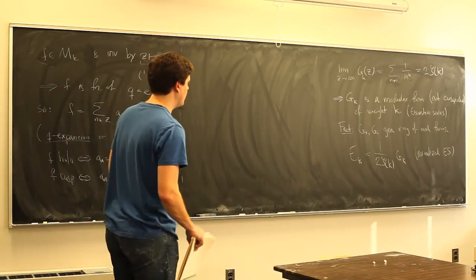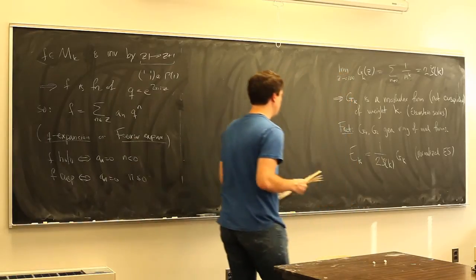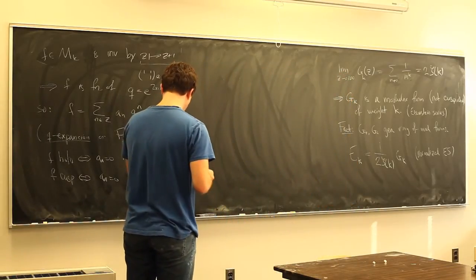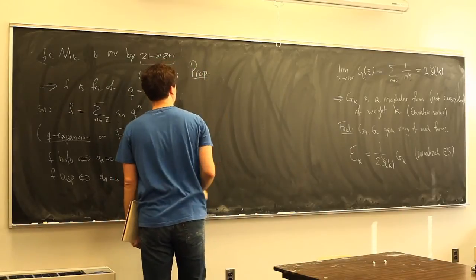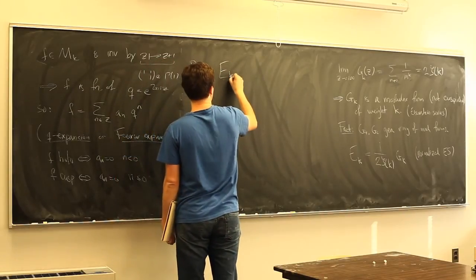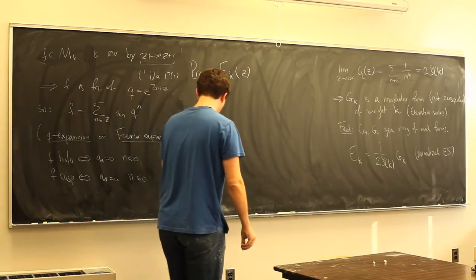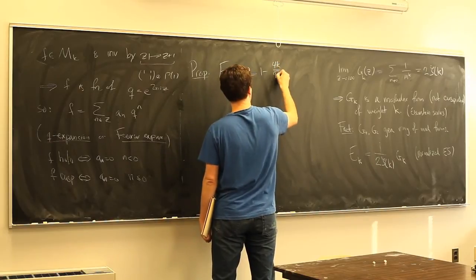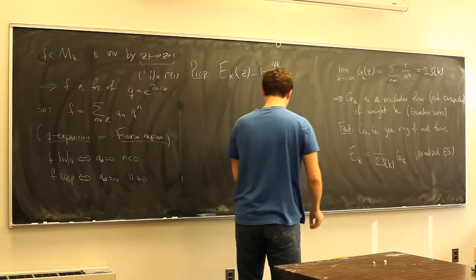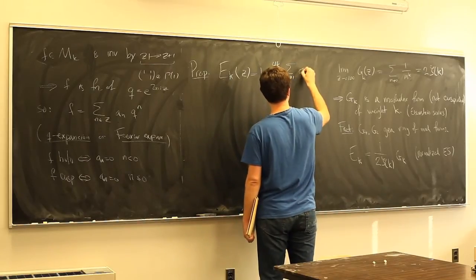All right, so the q-expansions of these Eisenstein series are nice and important. I'm not going to prove it, but I'll state it. So E_k of z is 1 minus 2k over the Bernoulli number b_k, times this series.